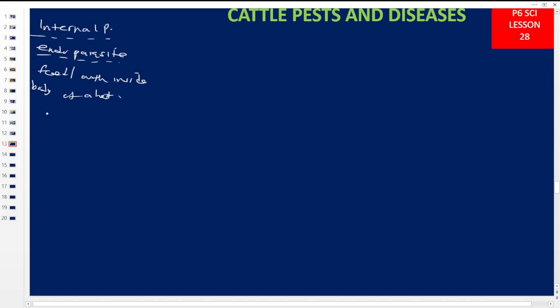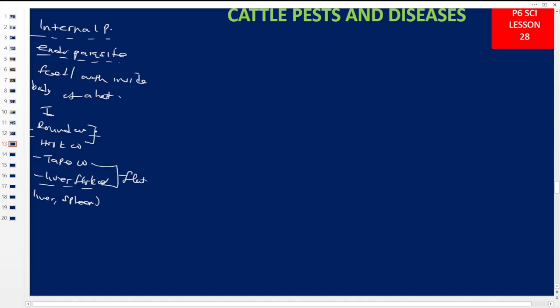Now these internal parasites are mainly worms, like the roundworms, the hookworms, the tapeworms, and the liver flukes. So these liver flukes are found in the liver of that animal and in the spleen. And actually these two are under flatworms. Then these ones are under the class of roundworms.